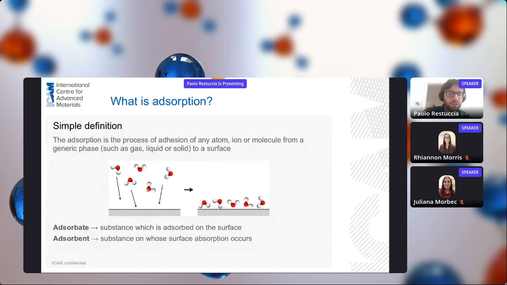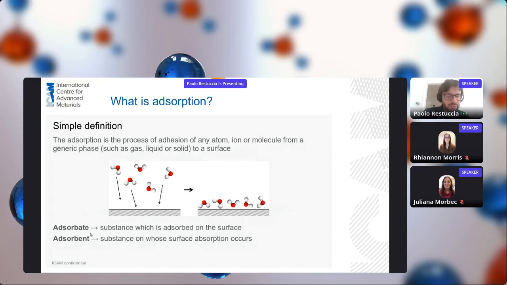So here is just a pictorial representation of some water molecules in the gas phase. And through chemical or physical interaction with the substrate, they adhere, they attach on the surface. They can either be a simple molecule, or they can dissociate.